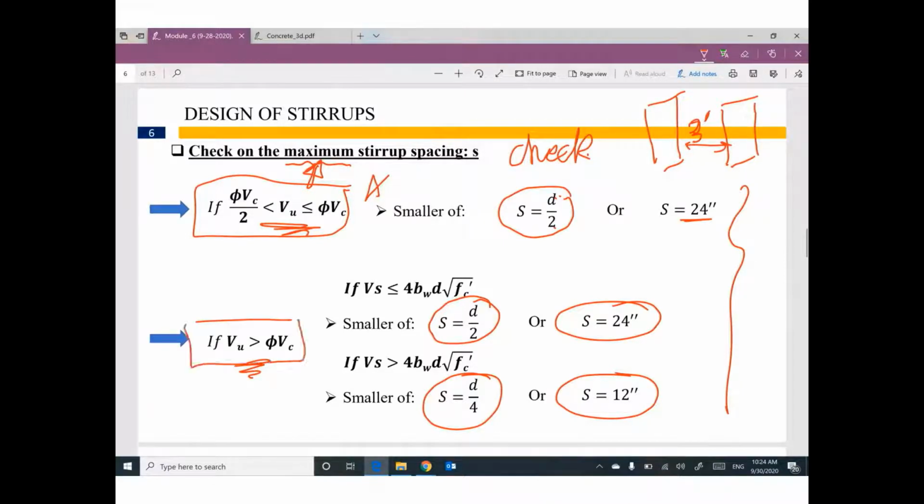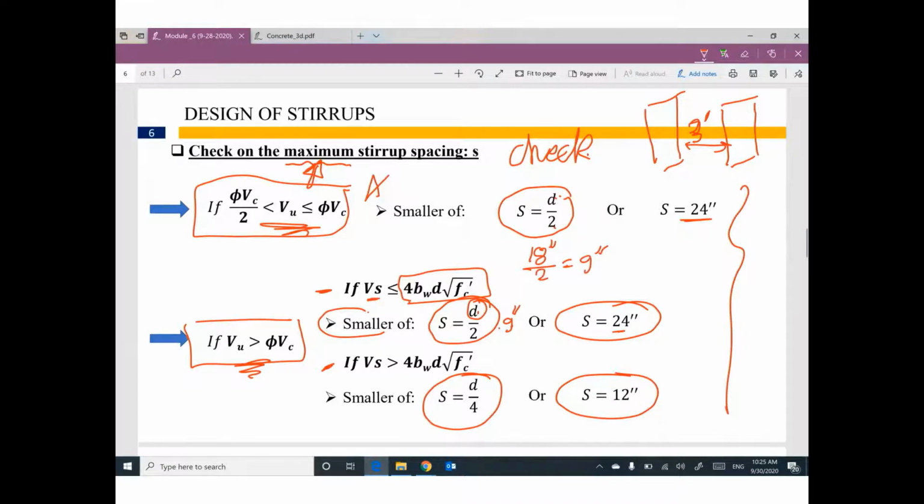So please go ahead and figure out whether you are in this one or this one based on the relation between Vs and this expression. If you are in this case, the maximum spacing will be the smaller of d divided by 2, which is 9 inch, or 24 inch. I'm going to use 9 inch. How can I figure out 9 inch? Your depth in this problem is 18. Divided by 2 will be 9 inch.